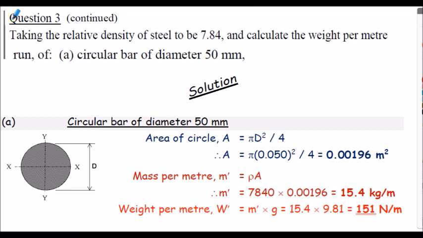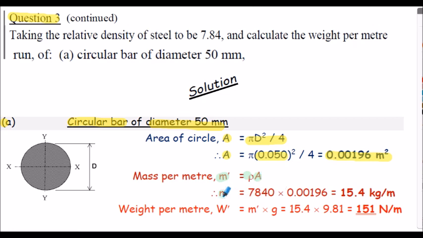So question 3 continued. This is part A. We're considering the circular bar of diameter 50 millimeters. So the first thing I would do is work out the area using my formula pi d squared upon 4. Inserting the diameter given in the question, I can work out my cross-sectional area for the bar. To find the mass per meter, it's simply the density times the area.